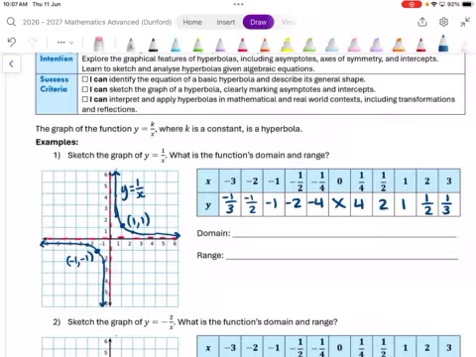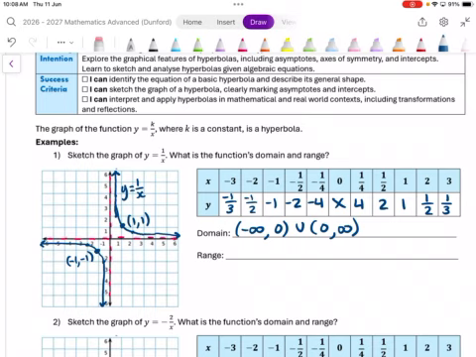Now that I've sketched it, the second part of my question is asking me what the function's domain and range is. So just a reminder, domain is all the x values it can be, range is all the y values it can be. So our domain is from negative infinity to 0 and 0 to infinity.